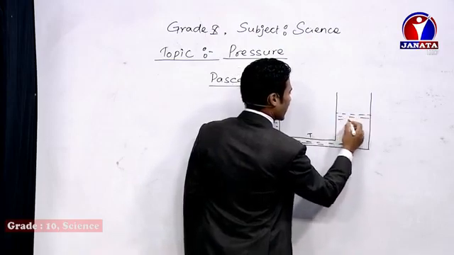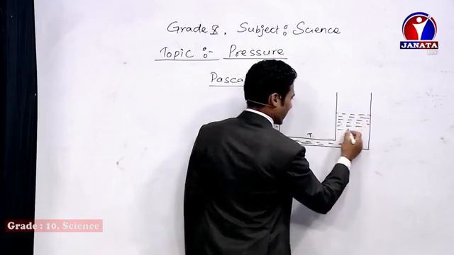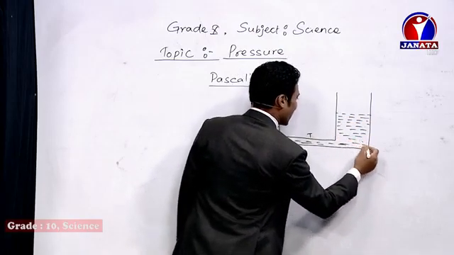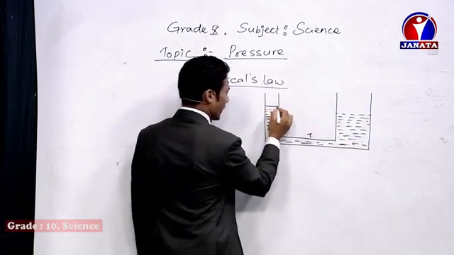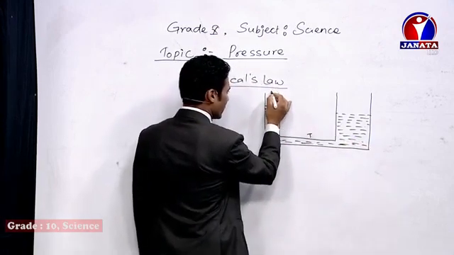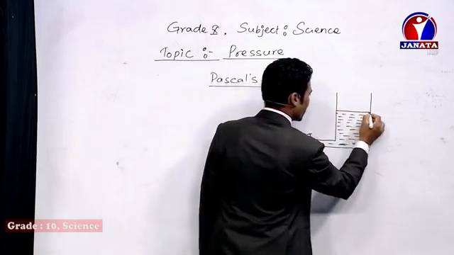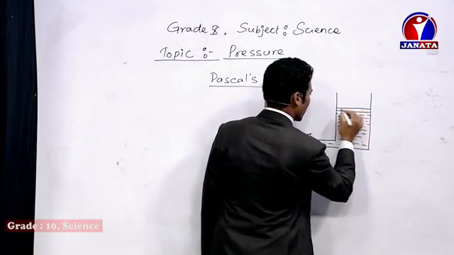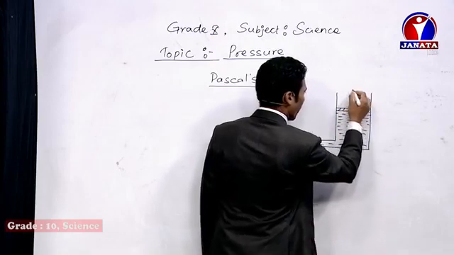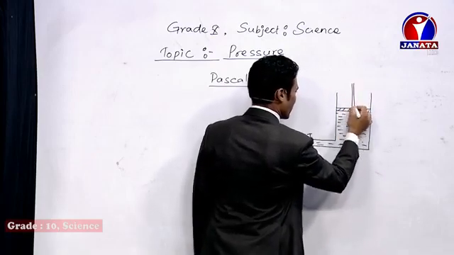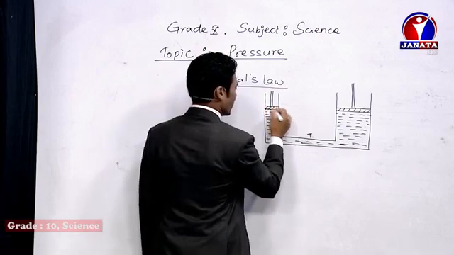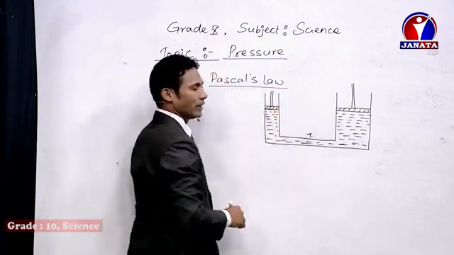And there are two pistons. Let's say this one is piston 1 and this one is piston 2. This one is the first piston and that one is the second piston.